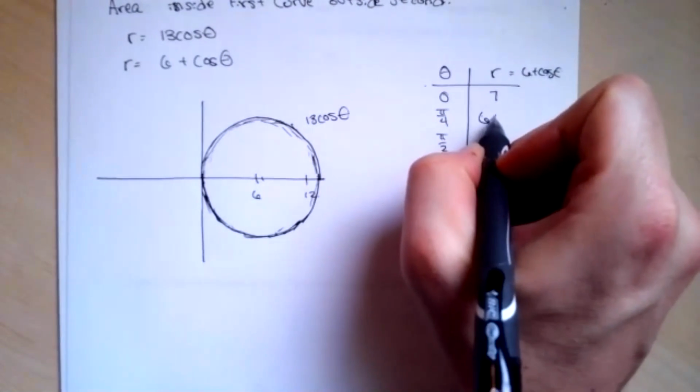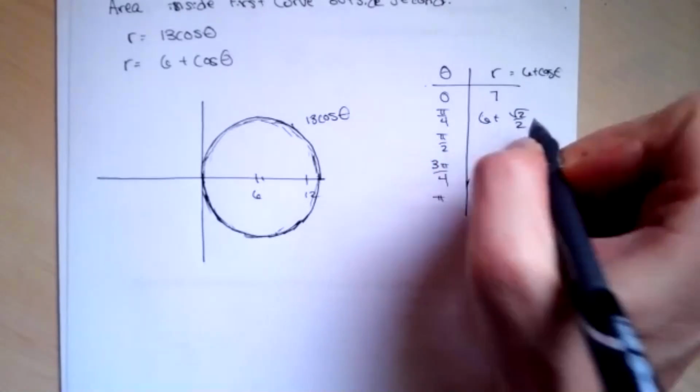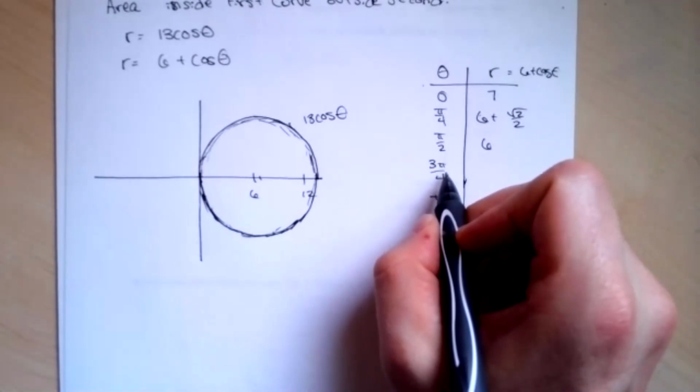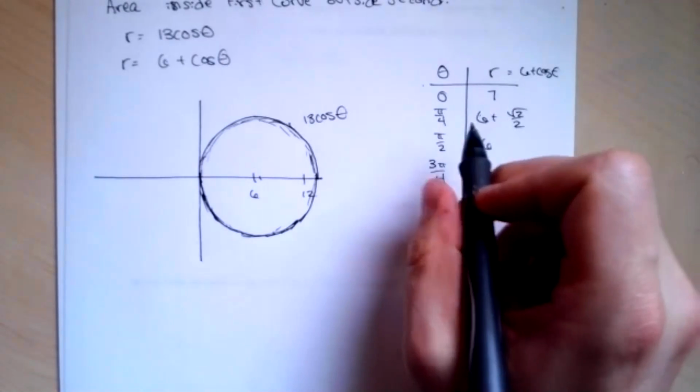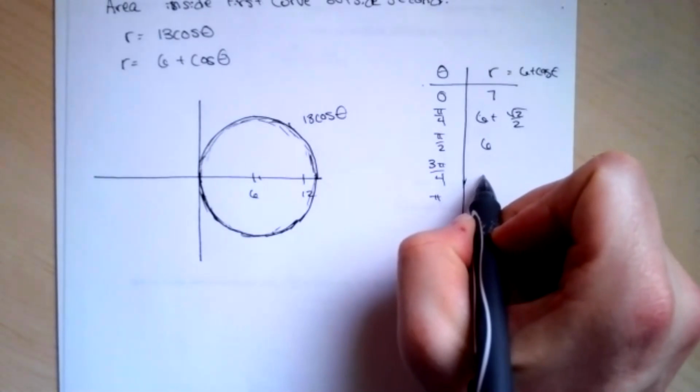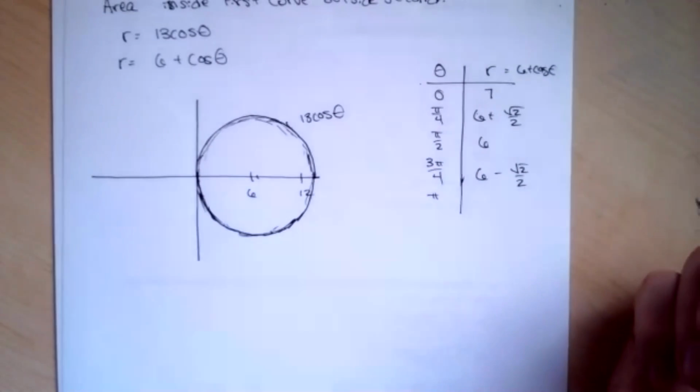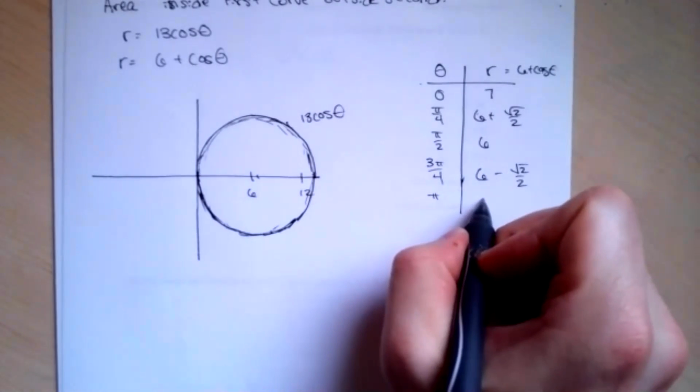Pi over 4, 6 plus root 2 over 2. Pi over 2 gives us 6. 3 pi over 4 will give us 6 minus root 2 over 2. And then at pi, it'll give us 5.